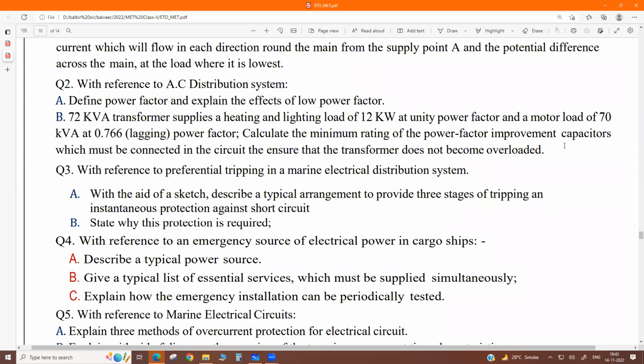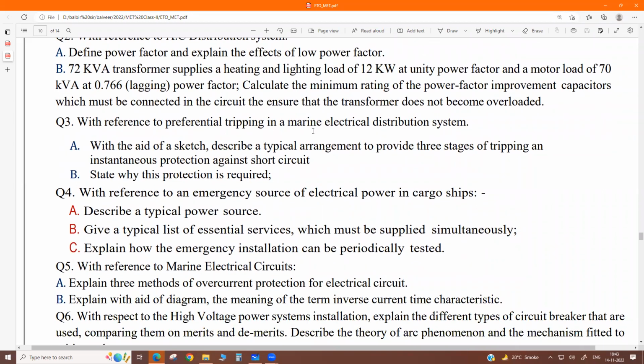So actually we calculated total active and total reactive power. Then we calculate apparent power. So apparent will be different from this 72. Now corresponding to 72 kVA, what is the rating of capacitor bank we required? Okay. So the difference between kVAR1 and kVAR2 will give the power factor correction. Already we solved this.